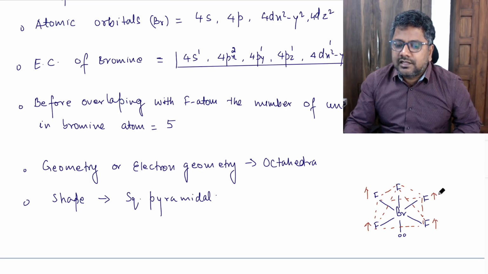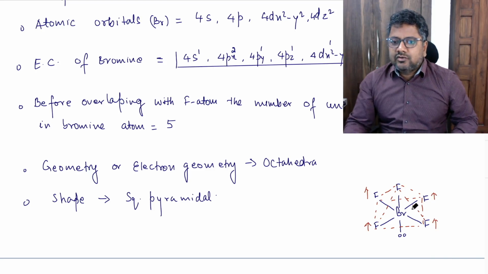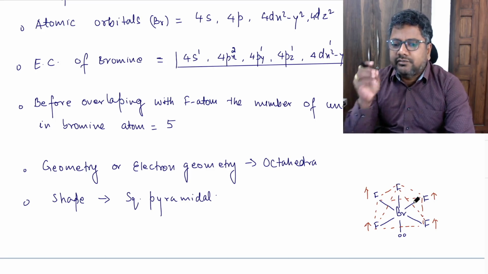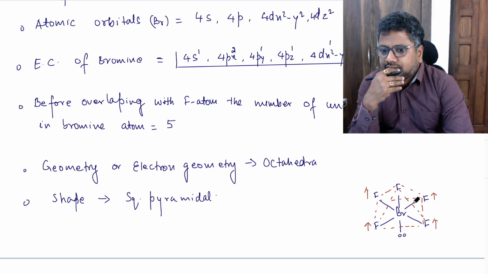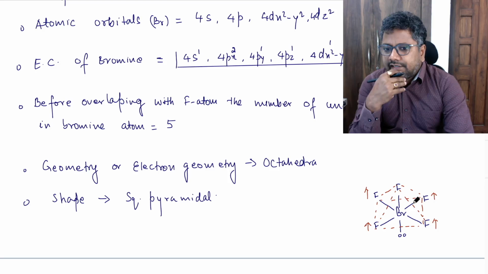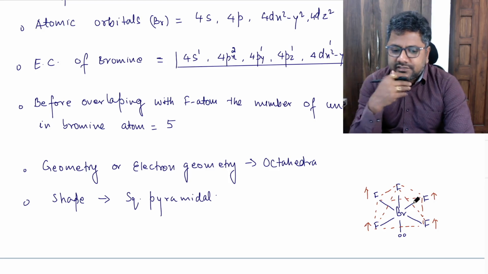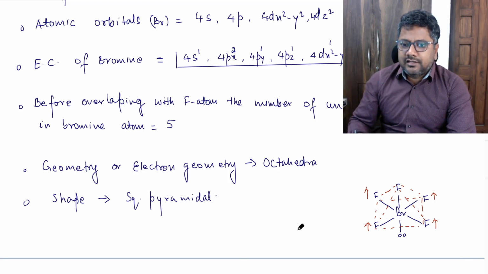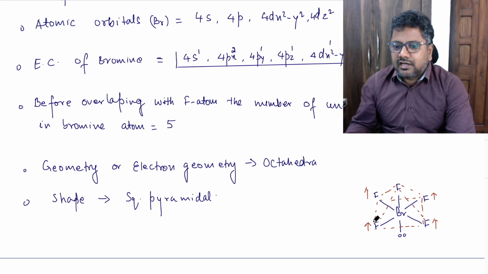So due to this lone pair-bond pair repulsion, none of the bond angles is 90 degrees here, due to this distortion or the presence of this lone pair, right? So the number of 90 degree bond angles is 0.